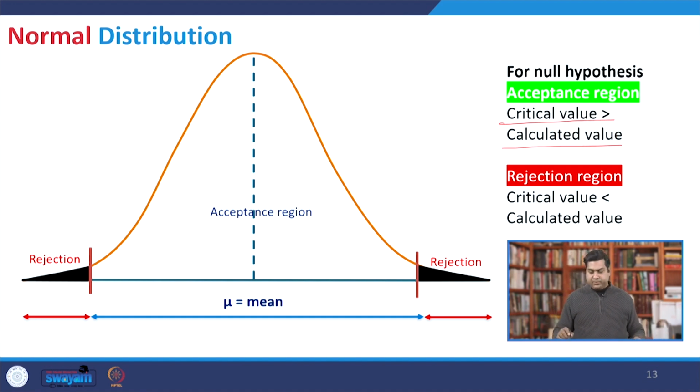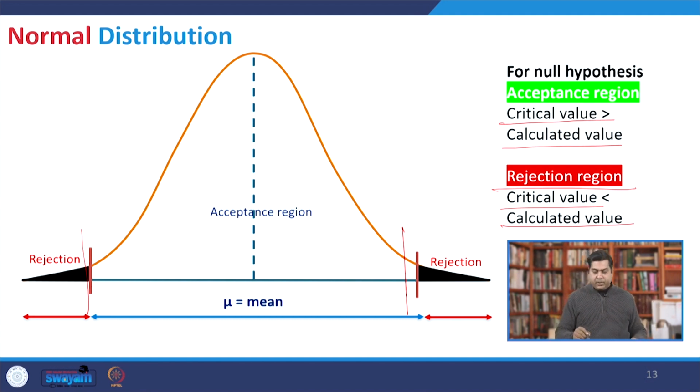Definitely, whenever the value is within this boundary, you will accept it. In the rejection region, your critical value is less than the calculated value, or you can say the calculated test statistic is more than the critical value, then we have to reject it.